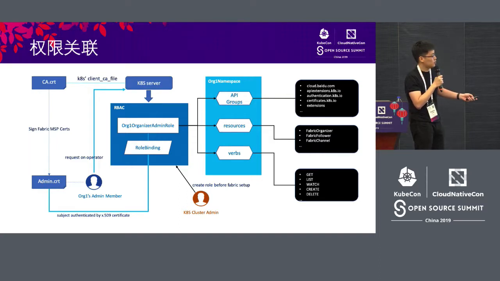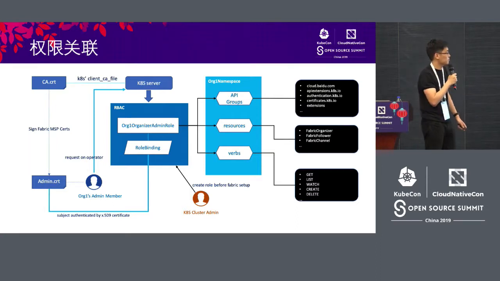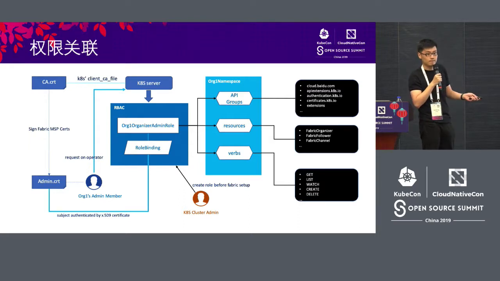Every time when you have a new member, you will have a subject linkage. There will be a list where the new member will be added to that. For org1 admin is okay. So you don't need to have a cluster admin. Of course, you can also have that. The cluster admin can assign that to org1 admin.